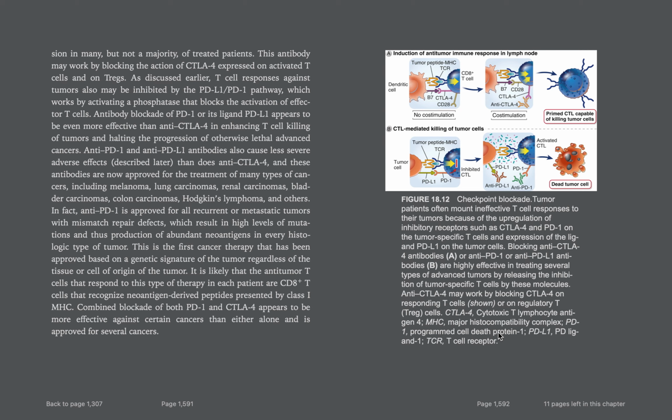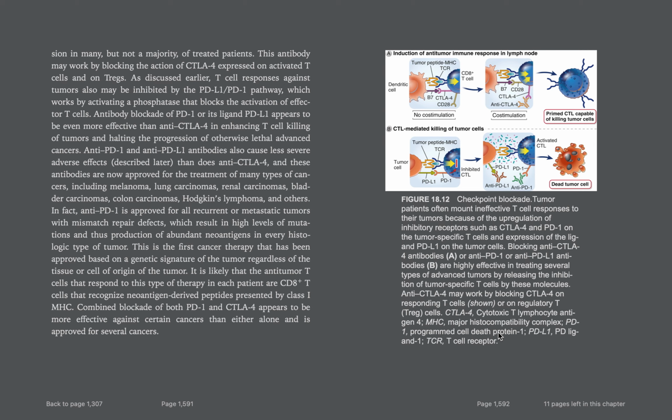As discussed earlier, T cell responses against tumor also may be inhibited by the PD-1 pathway, which works by activating a phosphatase that blocks the activation of effector T cells. Antibody blockade of PD-1 or its ligand appears to be even more effective than anti-CTLA4 in enhancing T cell killing of tumor and halting the progression of otherwise lethal advanced cancer.